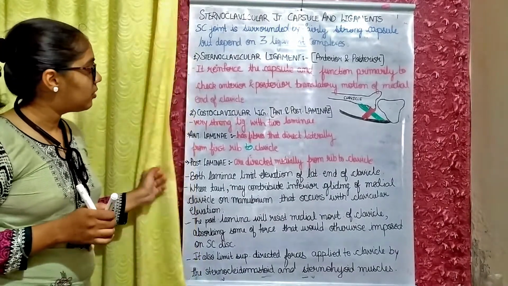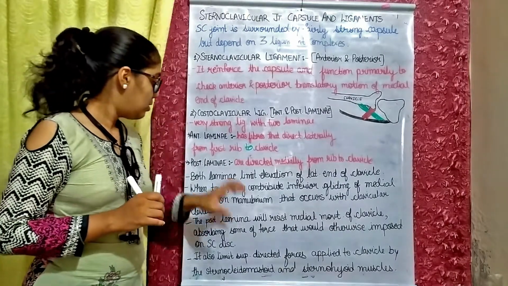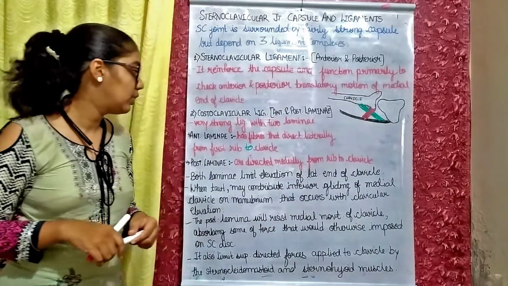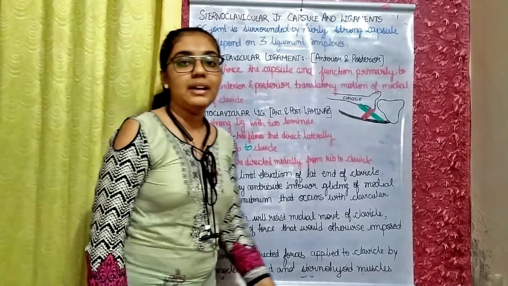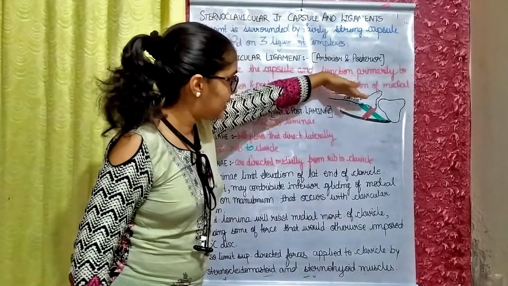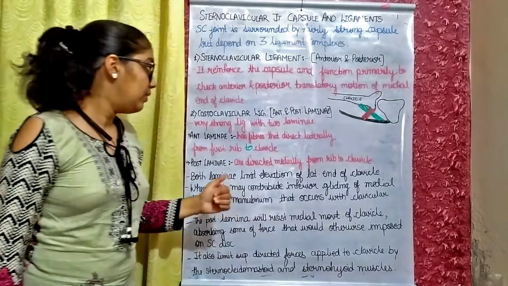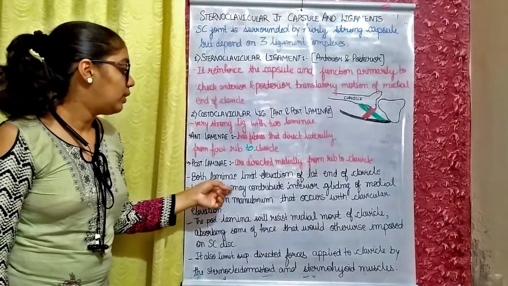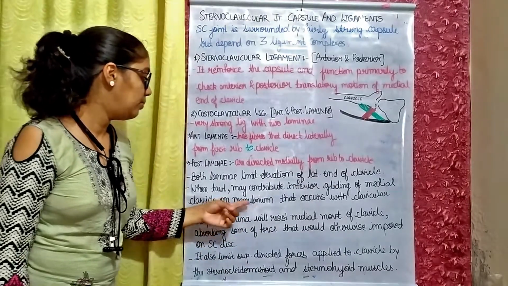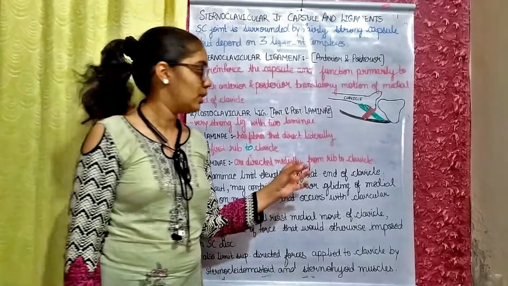Now we will see the functions of the costoclavicular ligament. The first function is that both laminae limit the elevation of the lateral end of the clavicle. The second function is that they may contribute to inferior gliding of the medial clavicle on the manubrium that occurs with clavicular elevation.